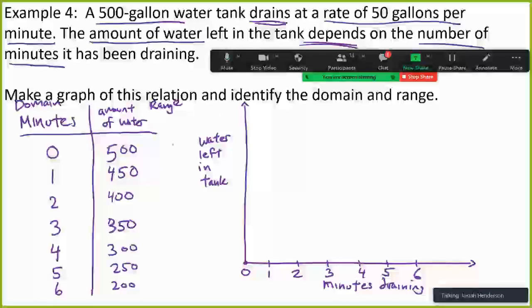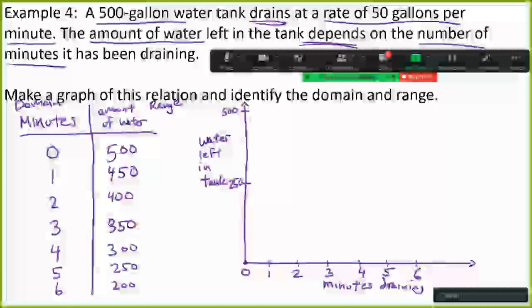All right, and now we know that this has to start at 500 high. So I'm just going to go as high as I can on my page and make it 500. And let's cut that in half. 250.